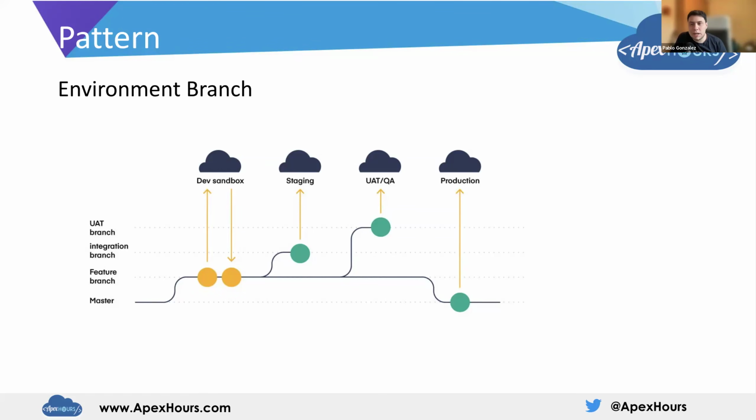And so, yes, you may have a staging branch, but other than that, it's not too common, right? But in the Salesforce world, I know many people use this kind of pattern. Again, it's not a strategy, but the pattern where a branch represents a specific runtime environment, which in our case is a Salesforce org.